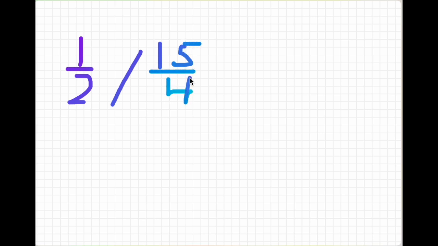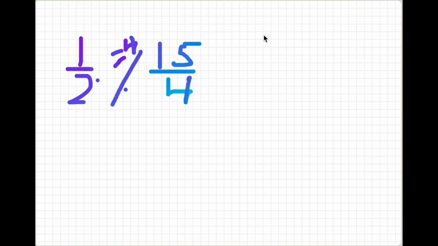Now, this is interesting because 2 can go into 4 evenly, right? Because 4 can be divided by 2. So we actually don't need to multiply these two together. We just need to multiply this 2 here to equal 4.